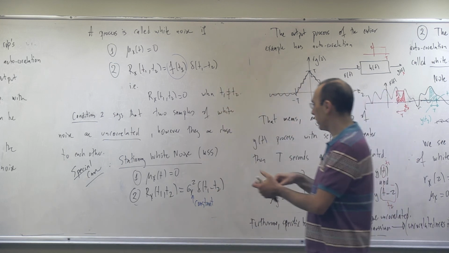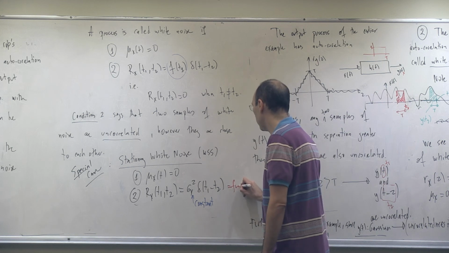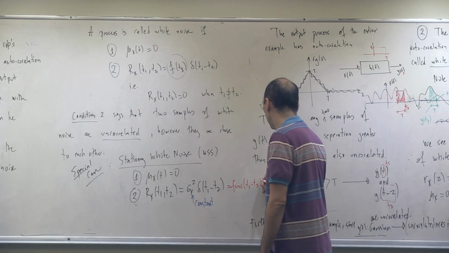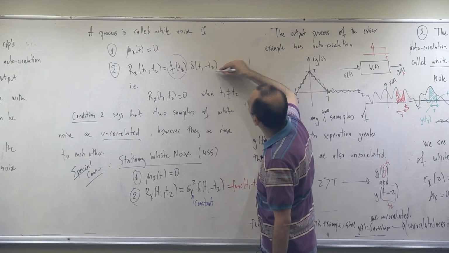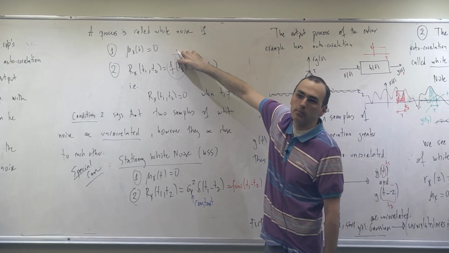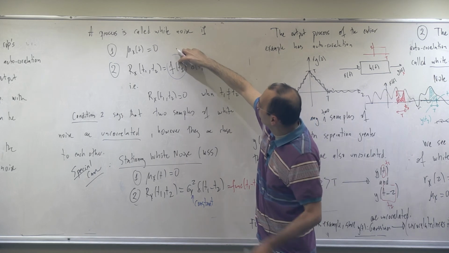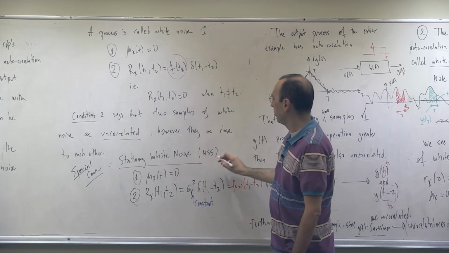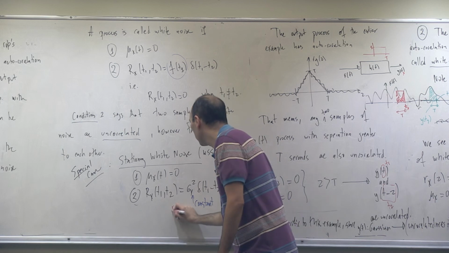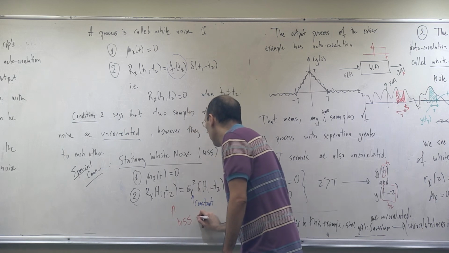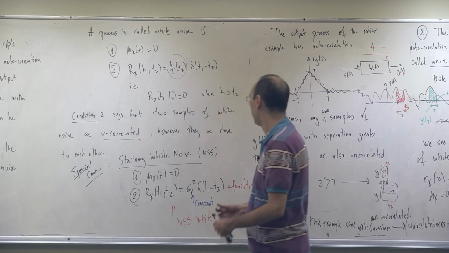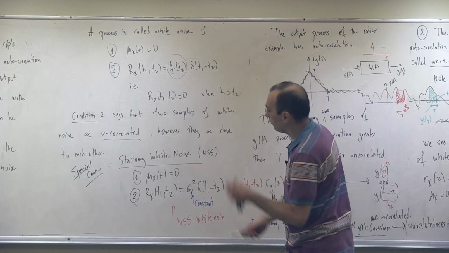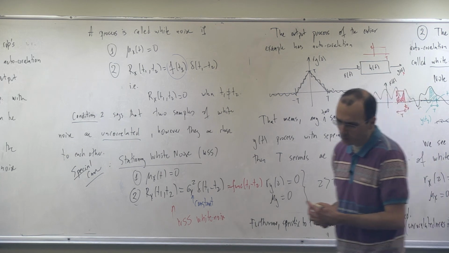So then this becomes a function of, as you see, t1 minus t2. But this is not a function of t1 minus t2 only. Even though this is a function of t1 minus t2, this is changing by t1, as you see. So this is not wide sense stationary, but this is wide sense stationary. And this is called wide sense stationary white noise. Or sometimes, in general, we mean this when we talk about white noise.